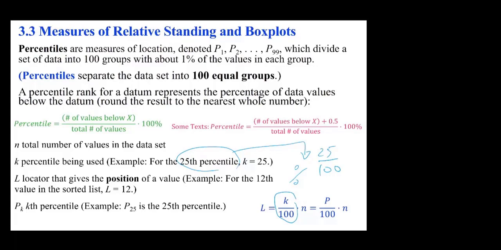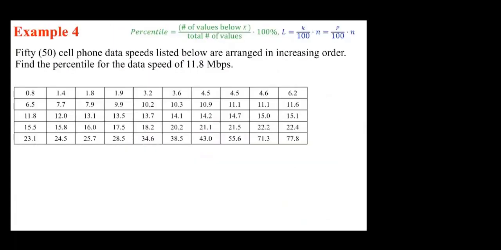So with that being the case, let's start with this simple example. We have 50 cell phone data speeds as follows and are arranged in increasing order. I want to make sure everybody pays attention to this, because if it's not, you have to do that. So this must be arranged.